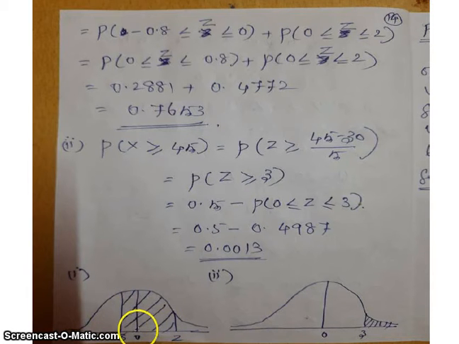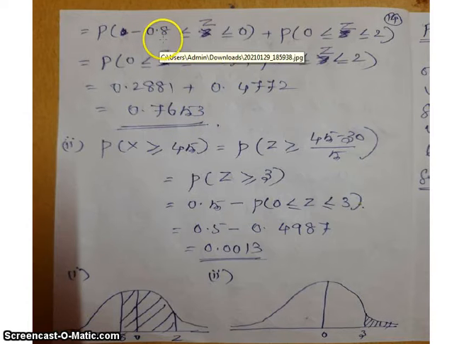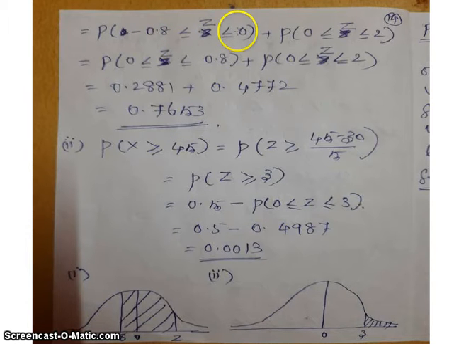You can calculate the area between 0 to minus 0.8, then 0 to 2 separately, then add those two values. So P of minus 0.8 less than or equal to z less than or equal to 0 plus P of 0 less than or equal to z less than or equal to 2.